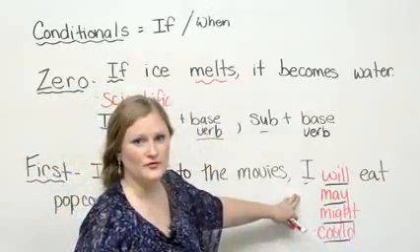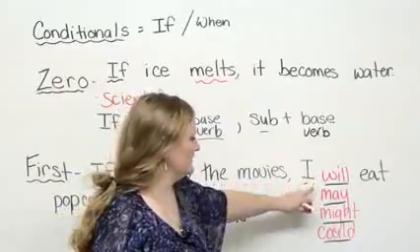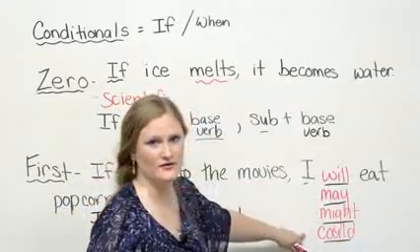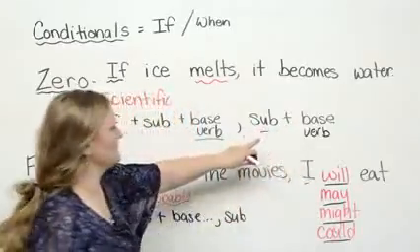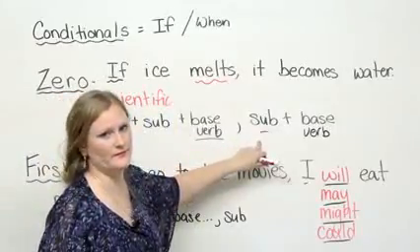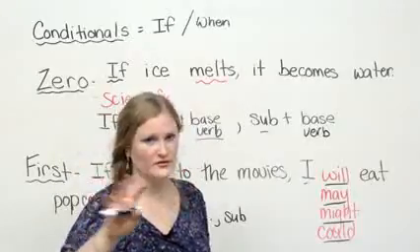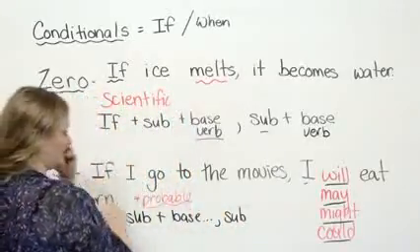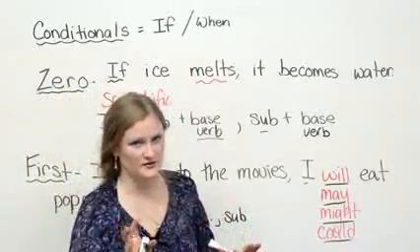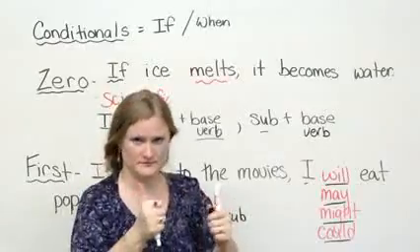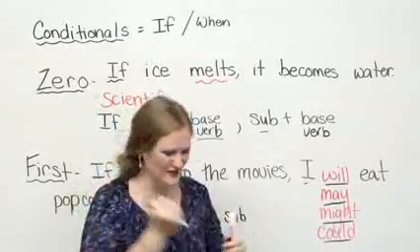These are called modals. The modals in English are will, may, might, and could. In the zero conditional, we do not use a modal. It's bad. So, the only difference in structure between zero and first conditional is first conditional, you must use a modal. That's it. Yay, it's so easy.